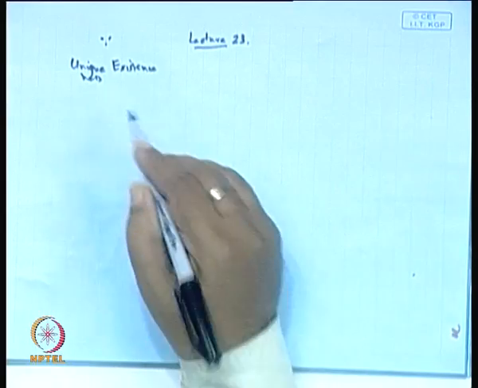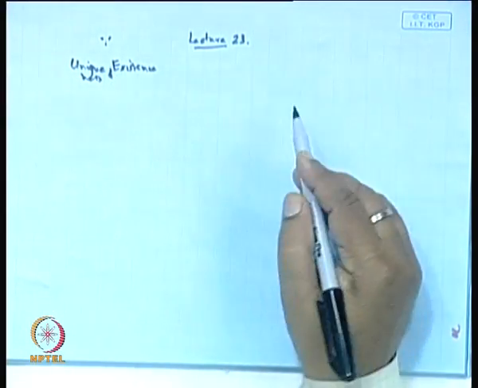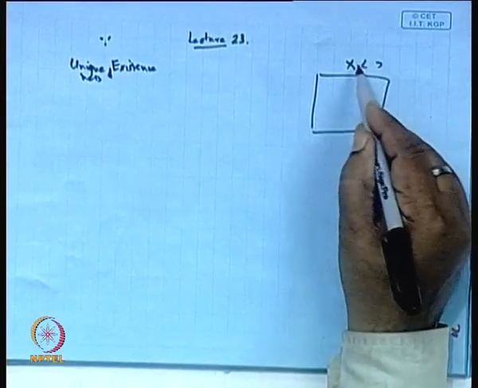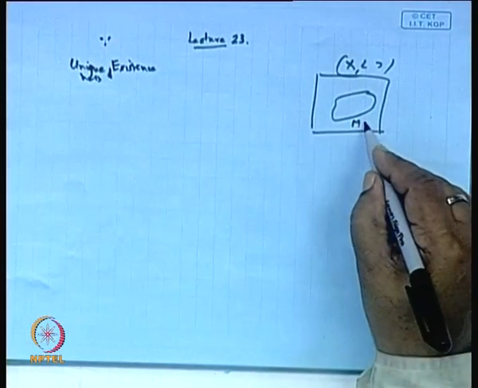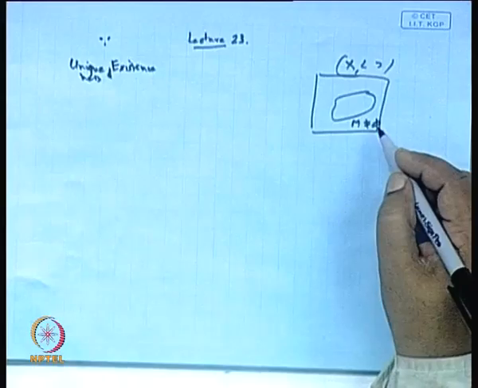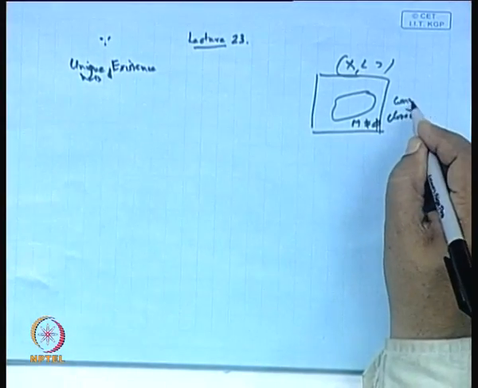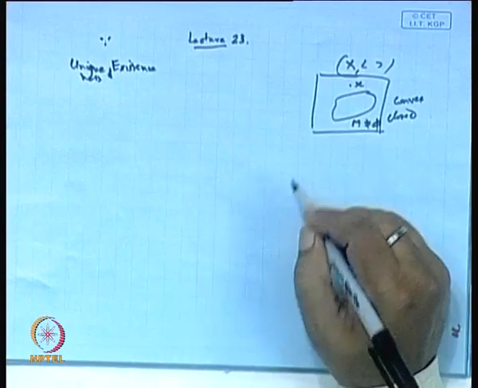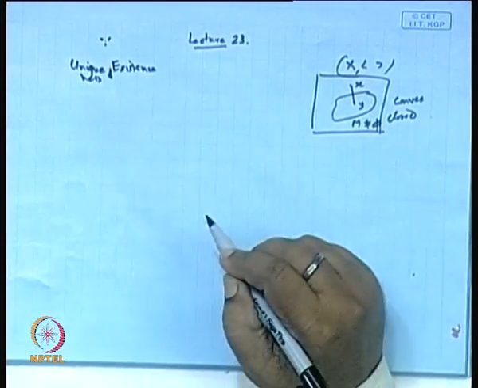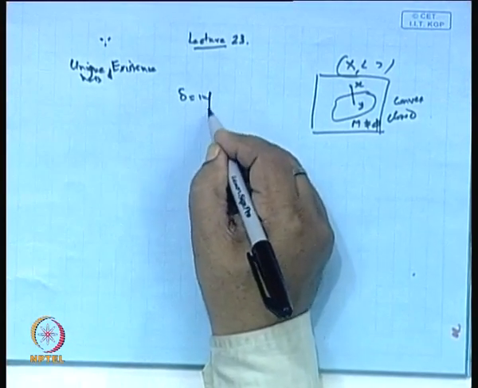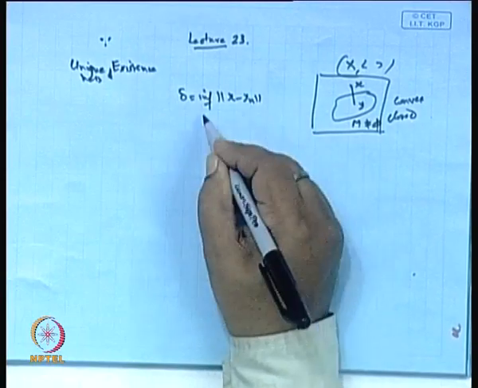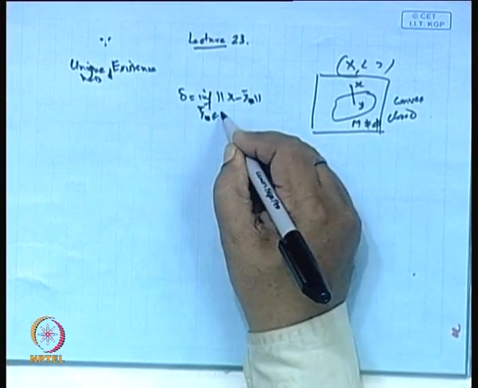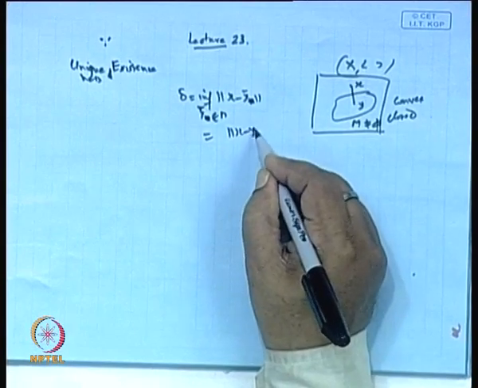What we have shown is that if X is an inner product space and M is a non-empty convex and closed subset, then for any point x belonging to capital X, there will exist a point y in M such that the infimum of the norm of x minus y, where y belongs to M, will exist, and in fact it will be the norm of x minus y.